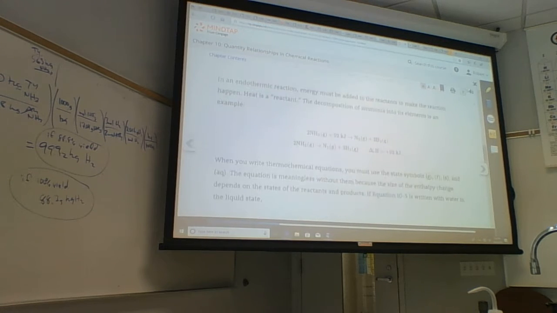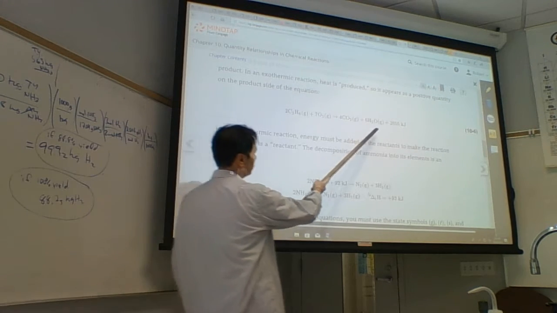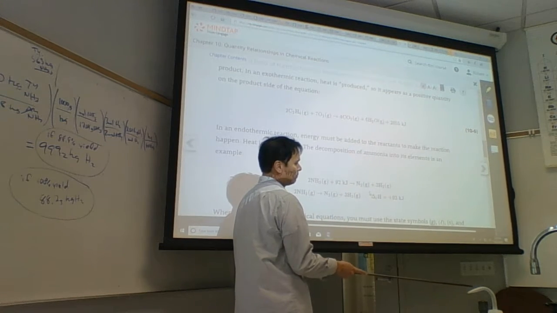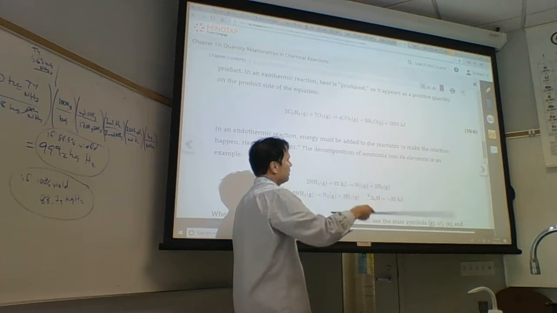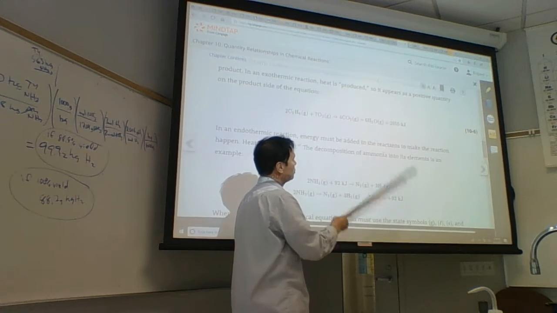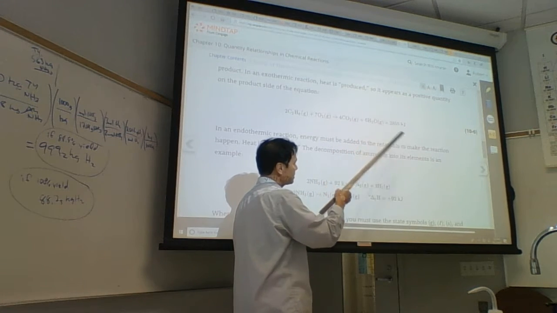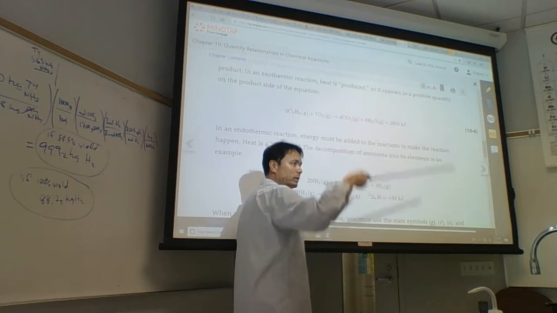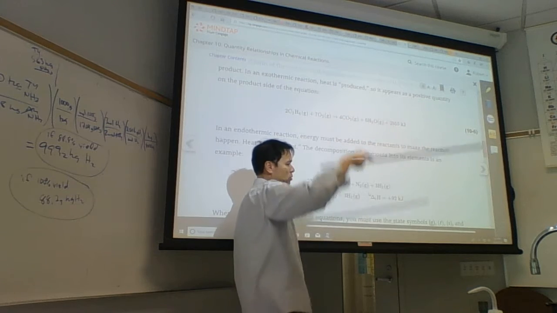It also depends on the state. So which one's more stable, gaseous water or liquid water? Liquid water is more stable. So we're going up here and we're dropping down. If we're up here and we drop down 2,855 kilojoules, then we're at this state, CO2 and water, but the water is gaseous. Liquid water is more stable, so it's going to be a bigger drop. If this were liquid water, we'd be up here and drop all the way down.